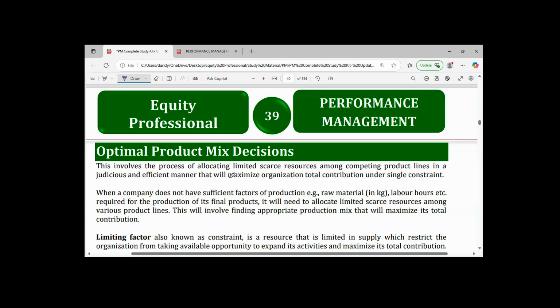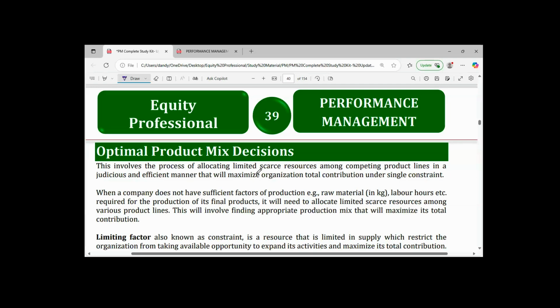Now, as far as optimal product mix is concerned, that's what is called constraints. Constraint is also known as limiting factor or bottleneck. The constraint represents any resource that limits the ability of a company to take advantage of market condition or to maximize contribution towards profit. That is what limiting factor is all about.